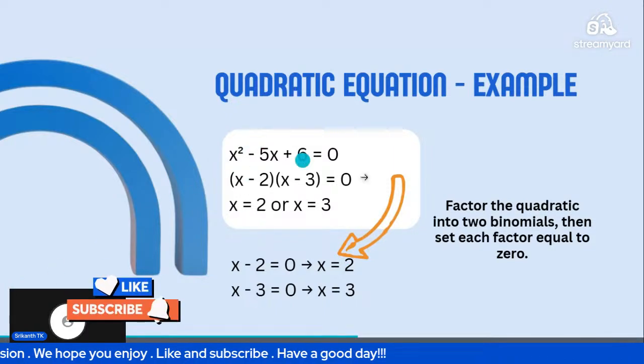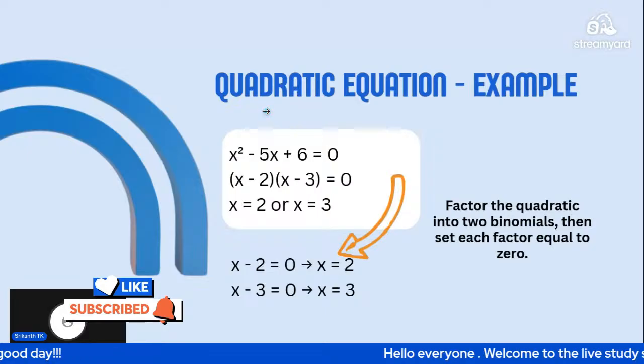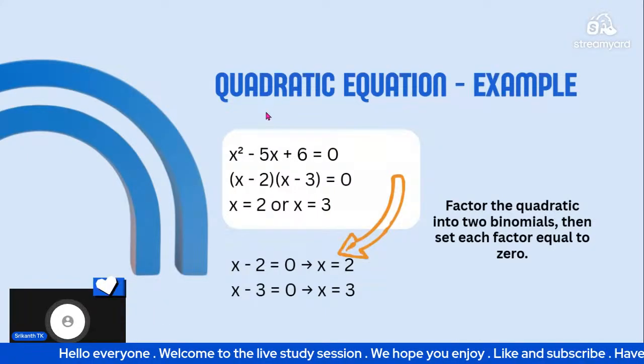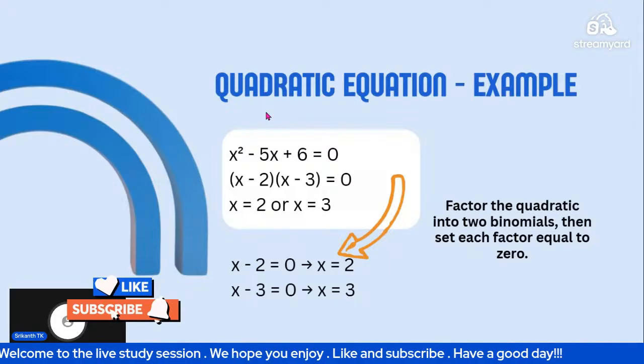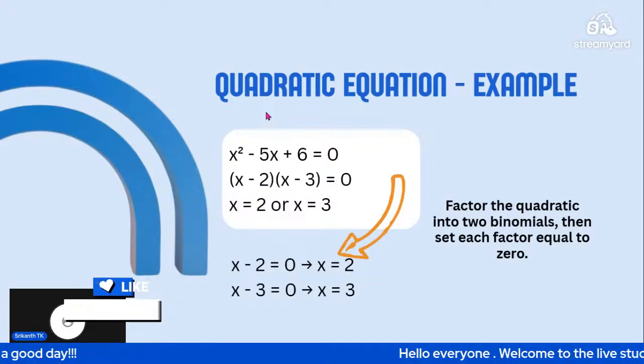Because we're trying to do the middle term split. When I say middle term split, you're splitting 5x into two numbers which also multiply to 6x squared positive. So in this case, it would be minus 2x and minus 3x.